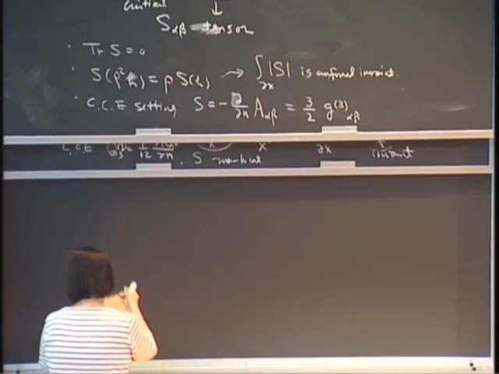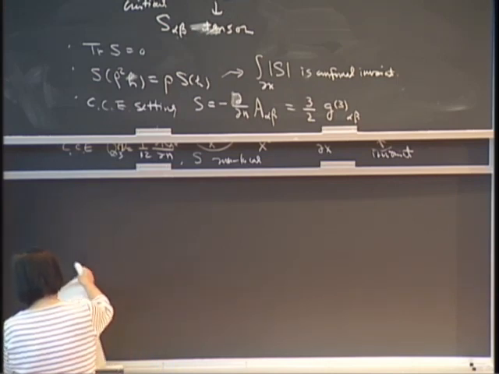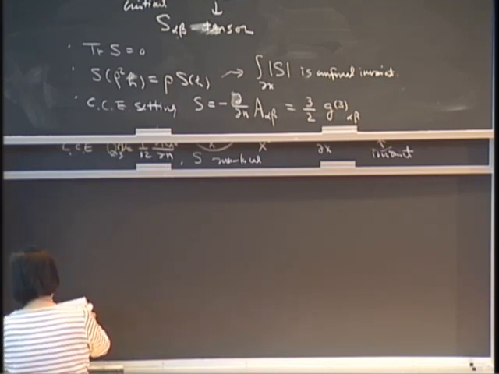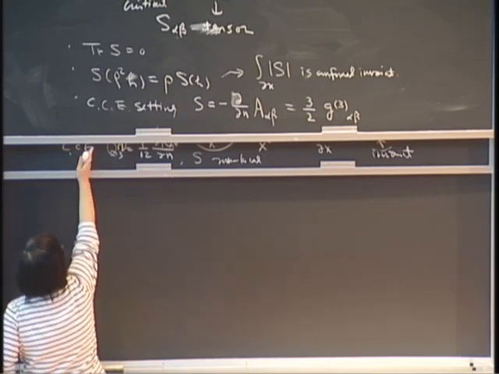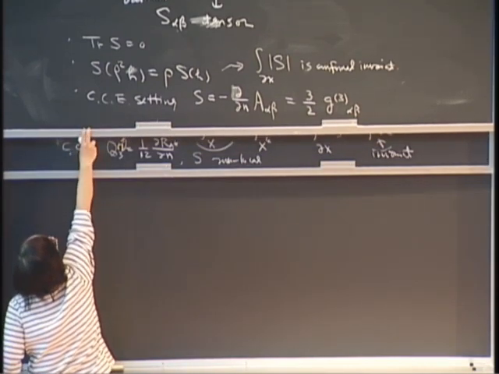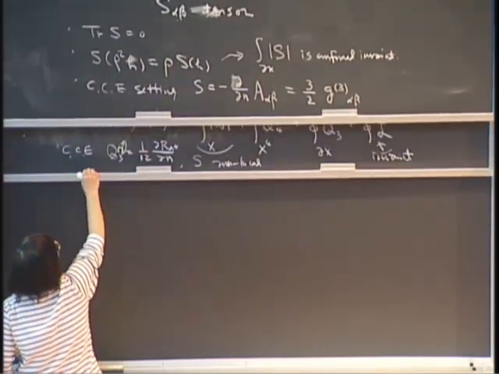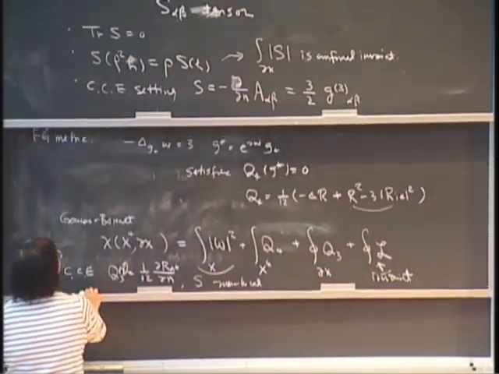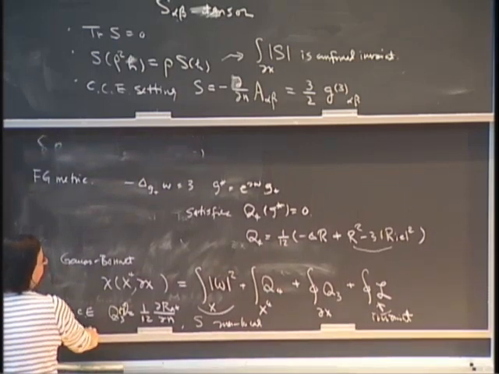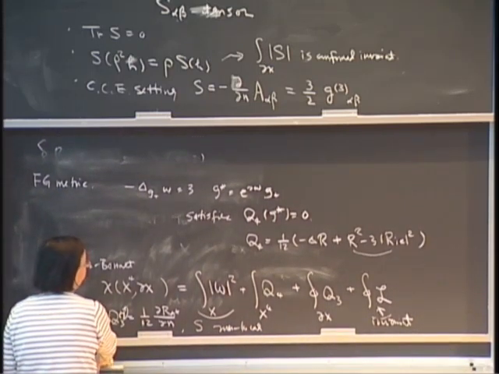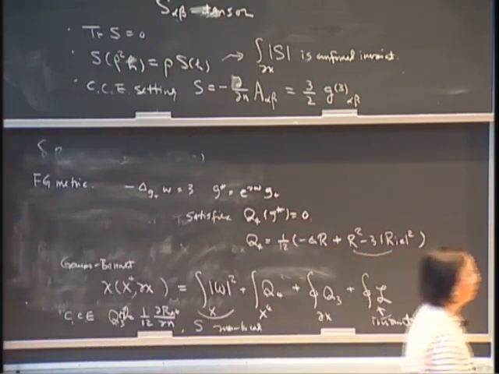Okay. So with all this background, let me now sketch some proof of the theorem. Another key property of the Fefferman-Graham metric is the following. This is the Fefferman-Graham metric.